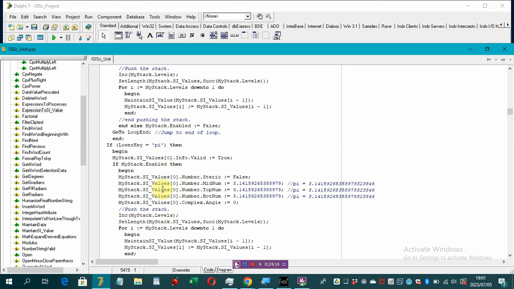Pi: if lowercase key equals pi, that gives a value to the midnum, topnum and bottomnum. Midnum is basically the average, the center between topnum and bottomnum. It's used for first and second order differentiation. That's why there are 3, not 2.